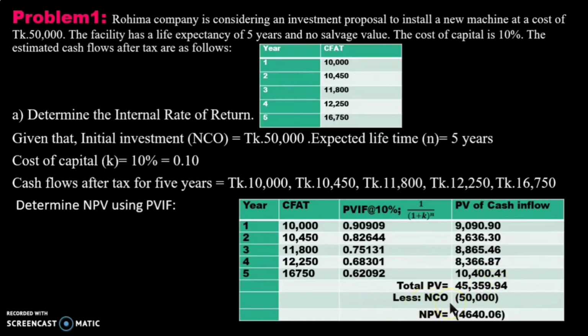NCO means initial investment 50,000 and NPV equals negative 4,640.06. Dear students, we know that for determining IRR, we need a positive NPV and a negative NPV.